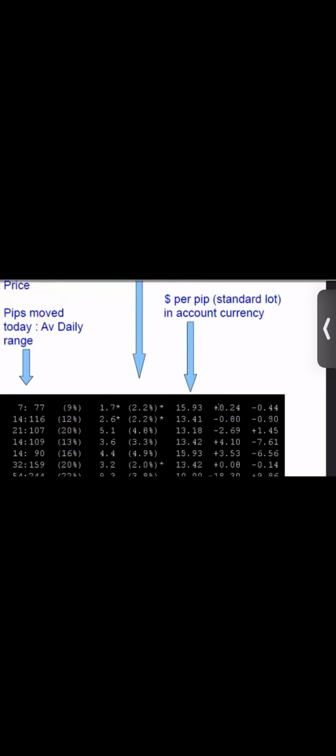However, the column that I use myself, and the one I really want to concentrate on during this webinar, is the third column from the right, where it says dollars per pip for a standard lot in your account currency.